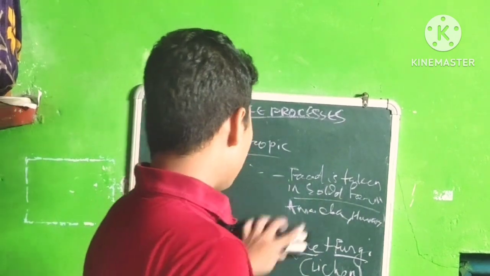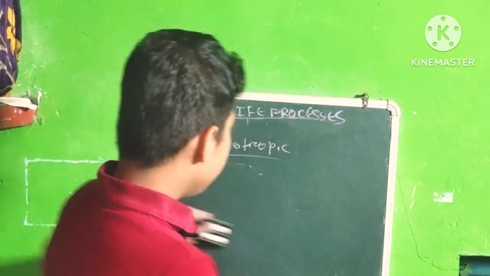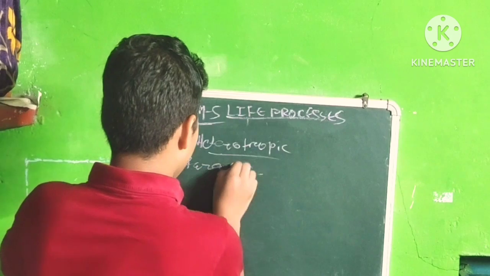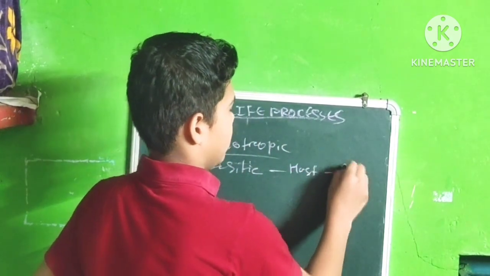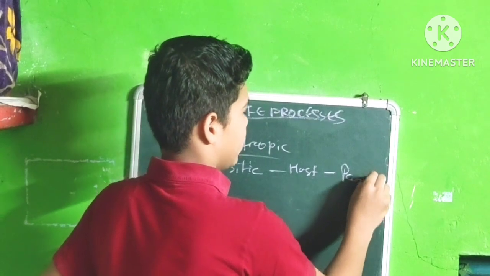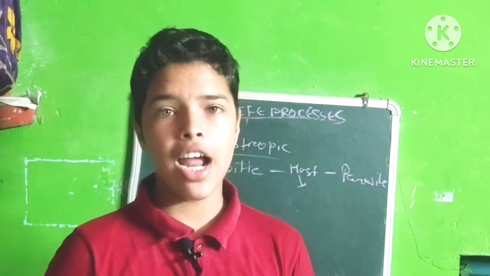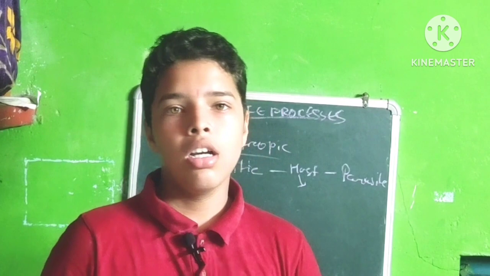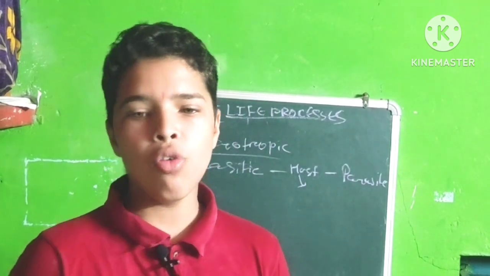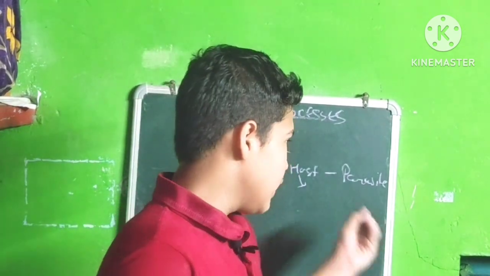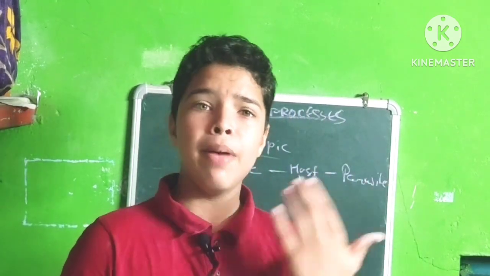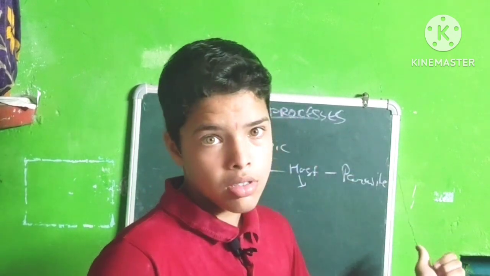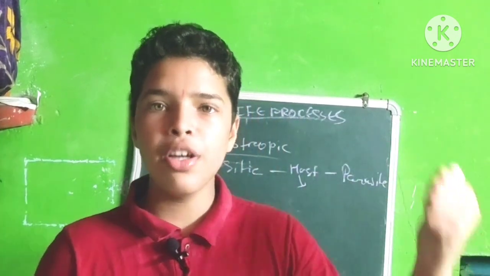The next type of heterotrophic nutrition is parasitic. One is the host and another is the parasite. The parasitic mode of nutrition is one where one of the two organisms benefits from the other, and the host organism suffers a loss.